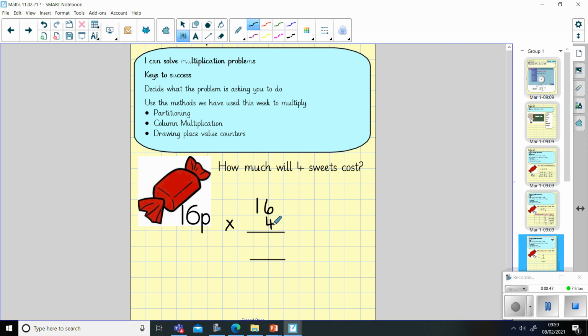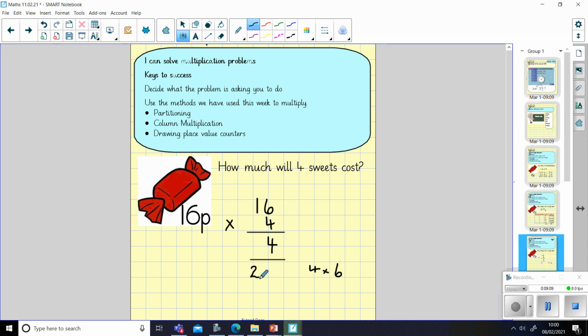So the first thing I do, remember, is multiply the ones digit by my 1-digit number. I'm just going to jot down what I've done, just to remind you. So it's 4 times 6, which is 24. So I can put my 4 ones here and my 10s underneath.